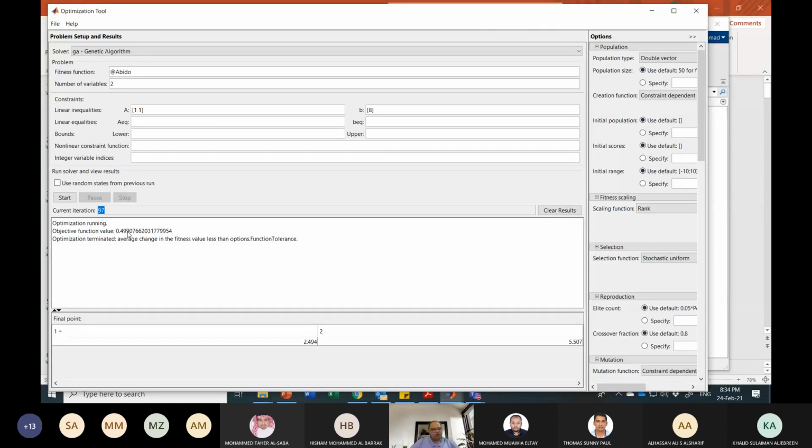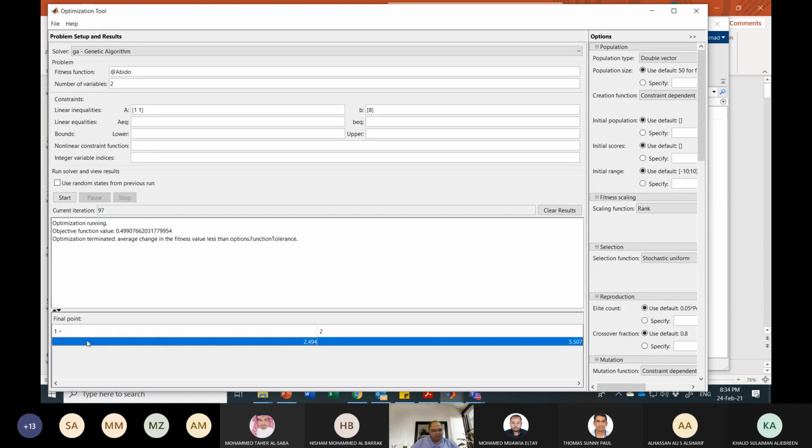So we have a certain objective function, and this is the solution. For variable 1, we have 2.49, and for variable 2, we have 5.507. So the summation equals 8 or less than 8. This is why we reach this solution.